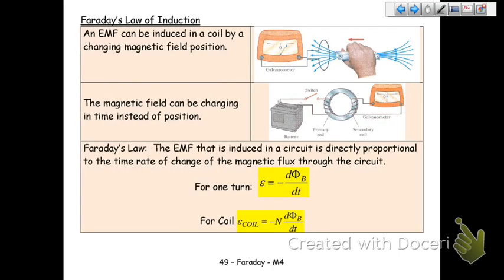So in this one, whenever there's a current flowing through this circuit on the left-hand side, then you'll see a deflection in the needle. And if the current's flowing one way, the needle will go to the left, and if the current's flowing the other way, the needle will go to the right.